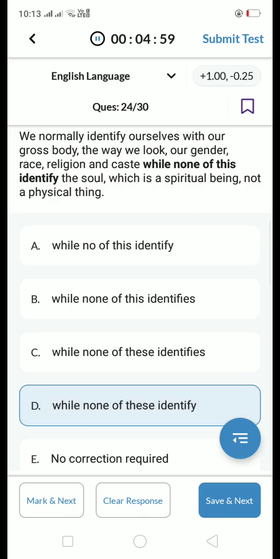While none of these identify the soul. यहाँ पे see what's the difference now? You might have this question in your mind. See why these two are more or less the same sentences, right? But यहाँ पे identifies है, यहाँ पे identify. The thing is कि यहाँ पे while none of these है ना, so these ये plural pronoun है.